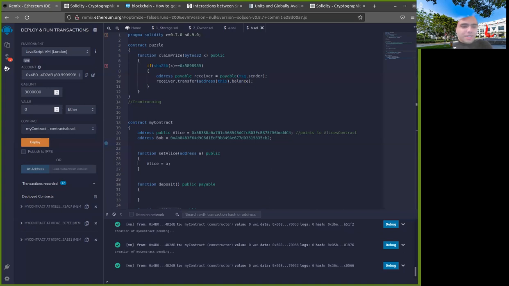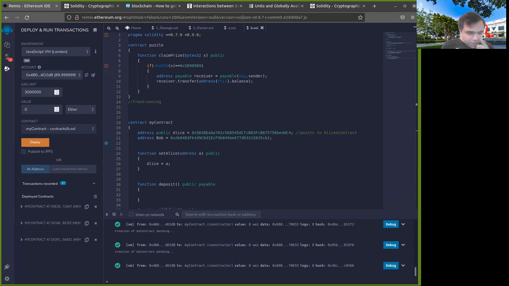So yeah, the only thing I can say is that whenever you write a contract, try to reason about this and try to make sure that you're not vulnerable to this kind of front-running attack.